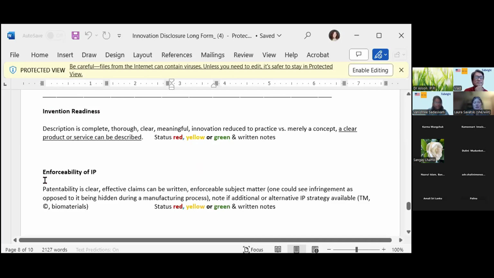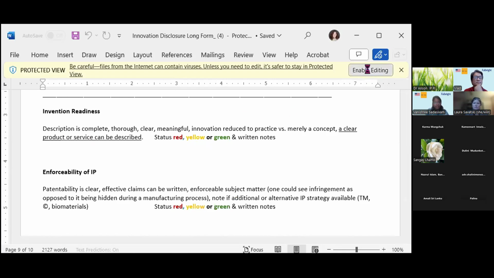The invention readiness or the enforceability of the IP? So is the description complete, thorough, clear, meaningful, and the innovation reduced to practice versus merely a concept. Here, I would rate this one as yellow.